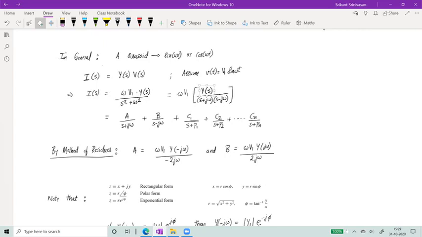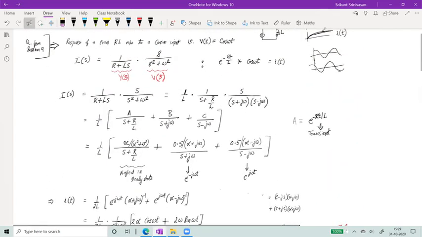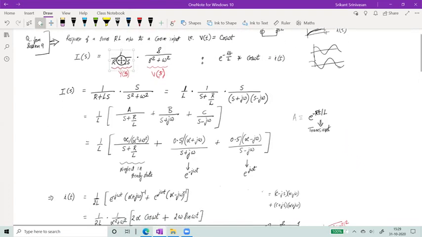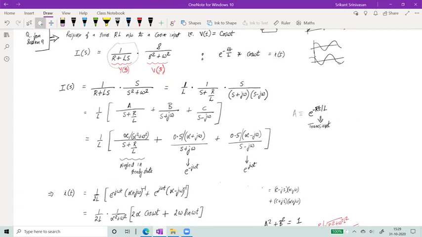For example, in our RL circuit, Y of s was 1 over r plus ls, which was split into a by s plus r by l, the corresponding term of the admittance.